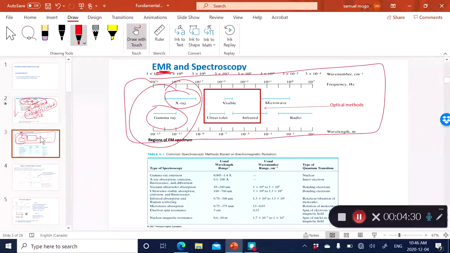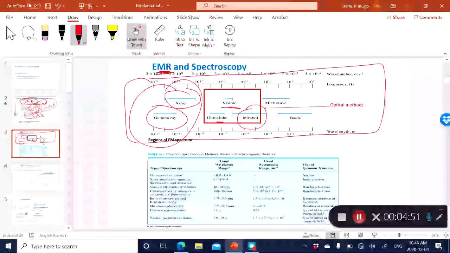Then you've got the UV, which is next in terms of energy, and the visible light, the light that we see. You've got the infrared, which is the light on your stove, for example. When you heat a black body, it becomes red hot, and that is infrared radiation.